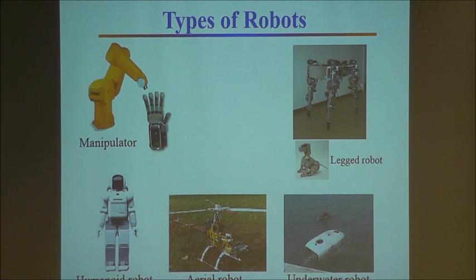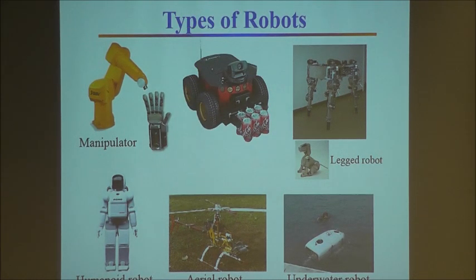So these are types of robots. You have manipulator robots on the left. You have wheeled robots. You have legged robots, or locomotion type, underwater robots, aerial robots like quadcopters and helicopters and so forth, or you could have humanoid robots.